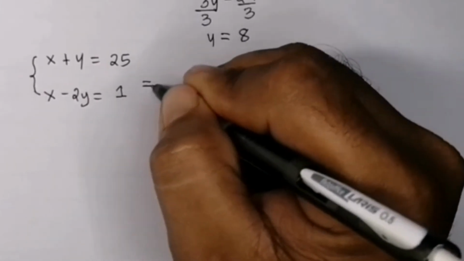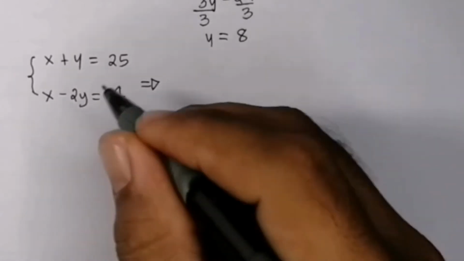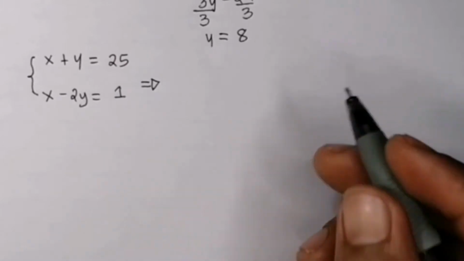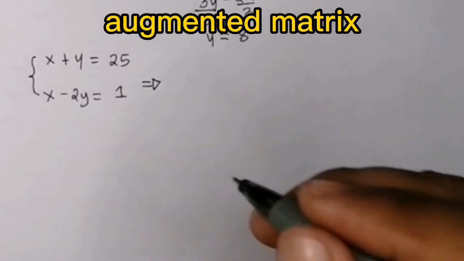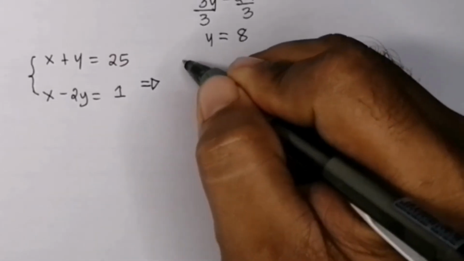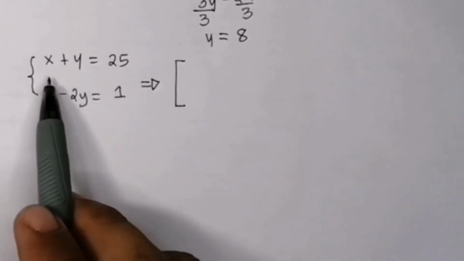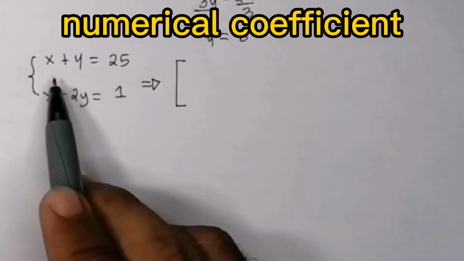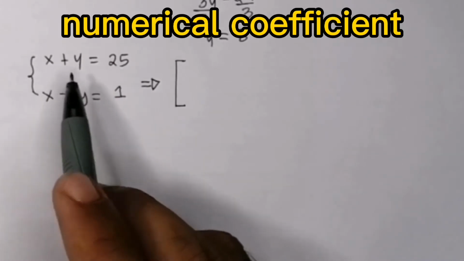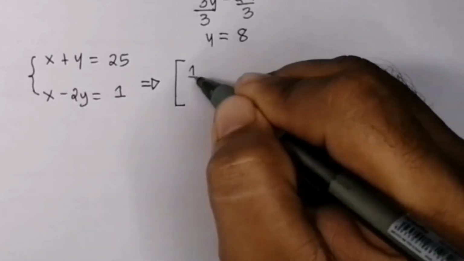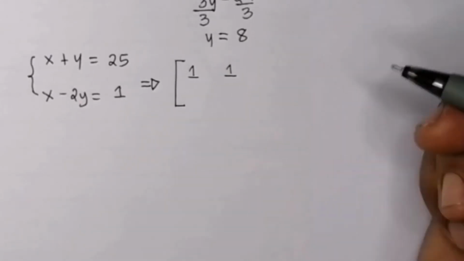So the first thing to do is transform the system of linear equations into an augmented matrix. How? We're going to put a bracket here. Let us look at the numerical coefficient of each variable. This is 1, this is 1, so we put it here as 1 and 1.